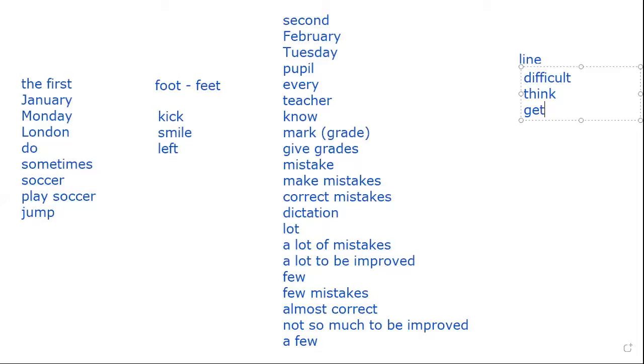So get is when you don't have something and then somebody, for example, gives you that, and so now you have it. So this is how you get it. And today. So today is just like this day. When this is happening, this is today.